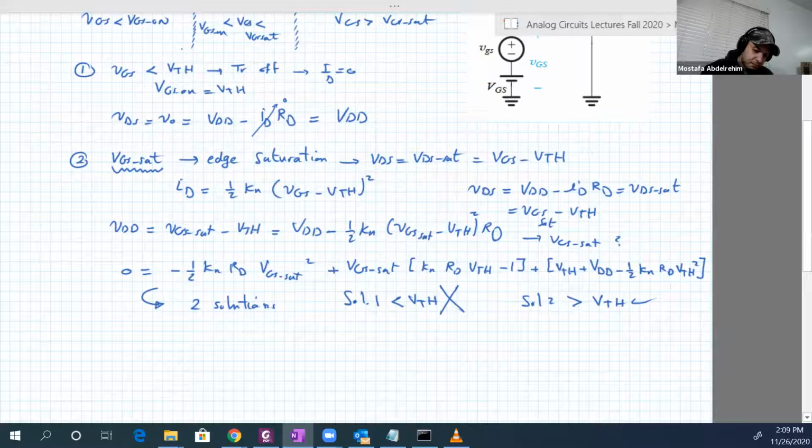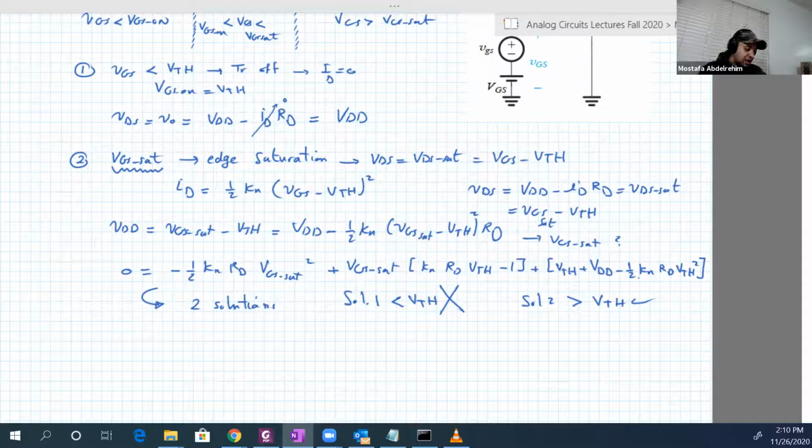We take an example from the lab yesterday, where VDD was 15, RD was, I think, 1 kilo ohm, Kn around 100 milli, and this gave us, I think, 2.53. The other value was just less than V threshold, so we didn't consider it. So this is how to determine VGS set.